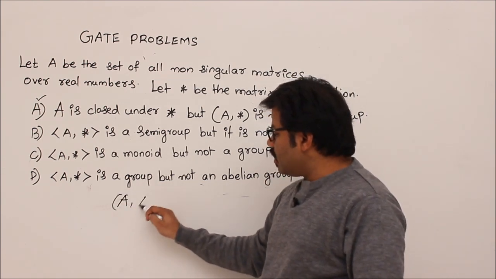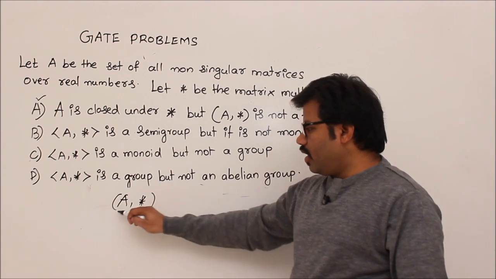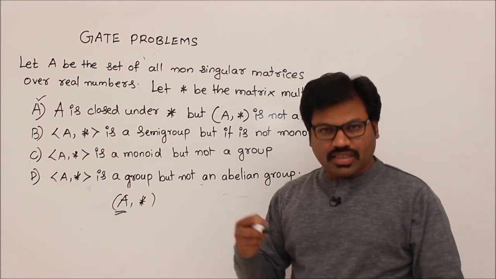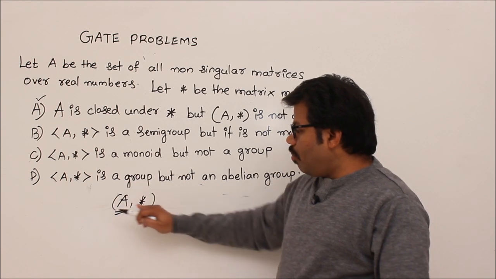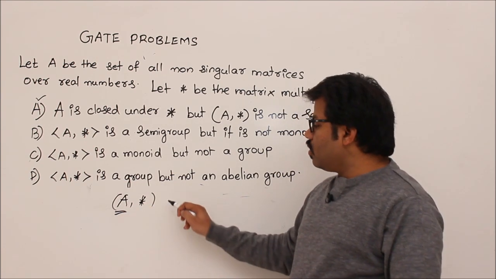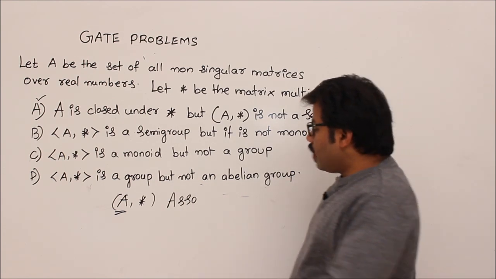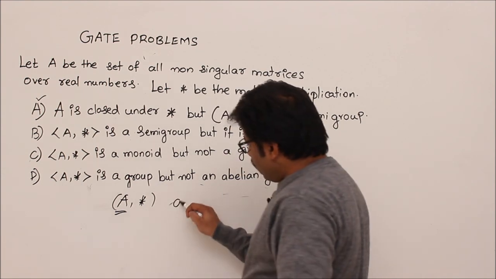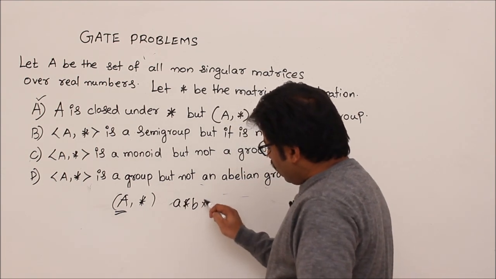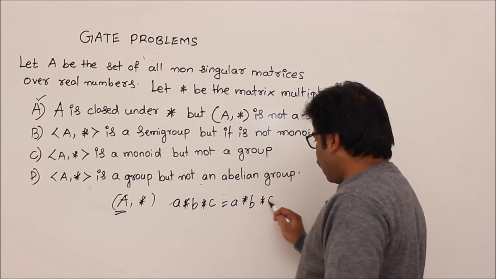But (A, star) not being a semigroup is the claim. Why would it not be a semigroup? An algebraic structure is called a semigroup if the operation is closed, and second, it is associative, correct? So here we have to check the associative property: (A star B) star C equals A star (B star C) for matrix multiplication.